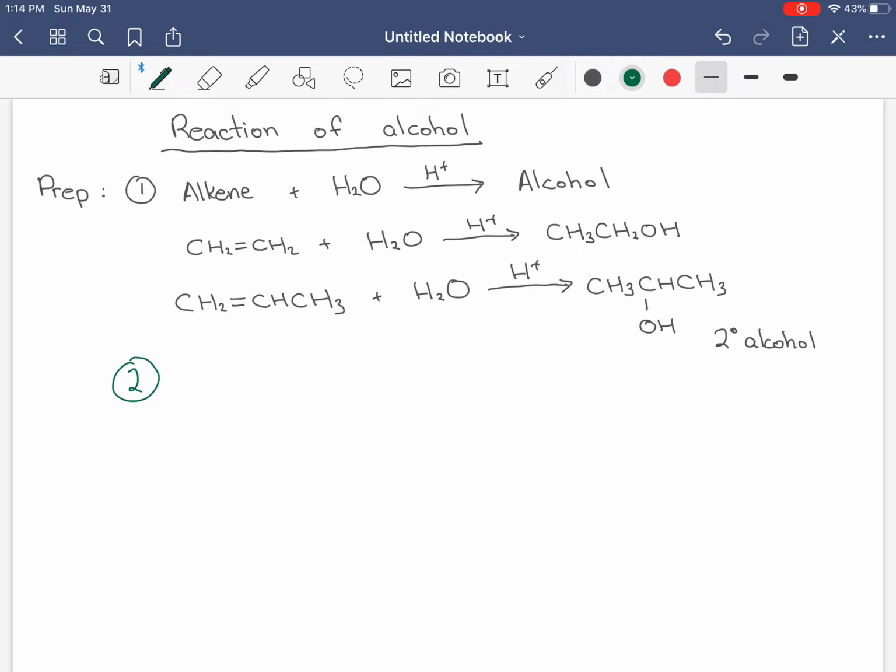Okay, let me show you. Actually, you're going to use an alkyl halide. Let me just do an alkyl halide first. I want to save the next one for something a little bit more complicated. So if you take an alkyl halide and you react that with water, what you're going to get, okay, is an alcohol.